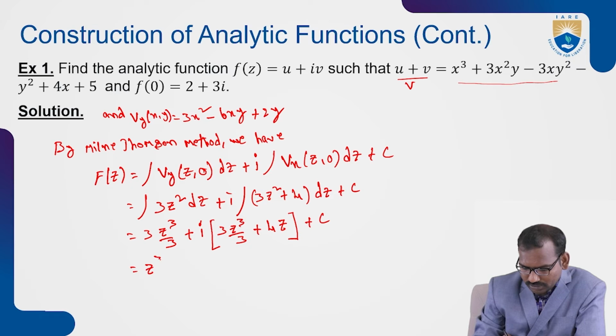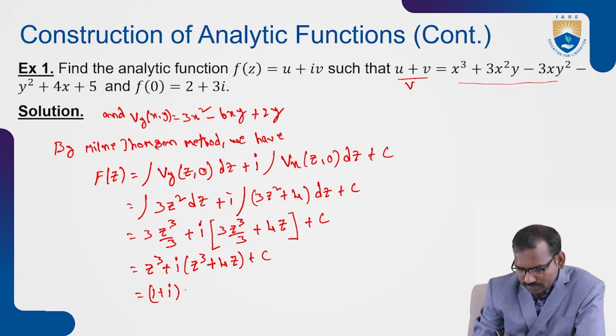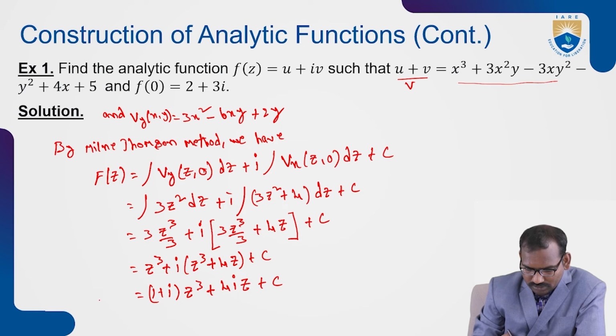You will have z cube plus i times z cube plus 4z plus c. I can write it as 1 plus i times z cube plus 4iz plus c. This is our capital F of z. Okay.